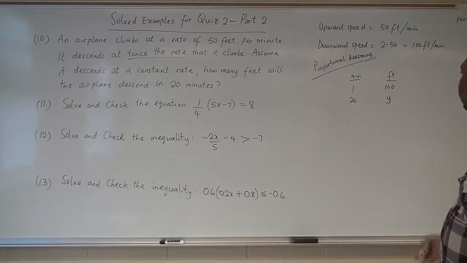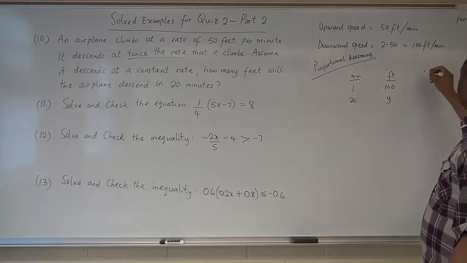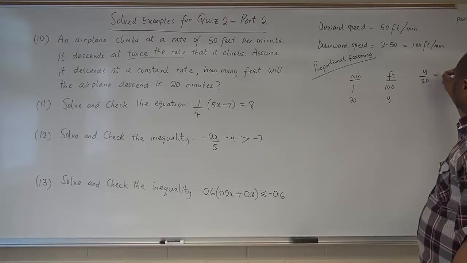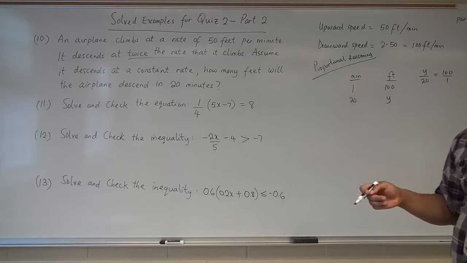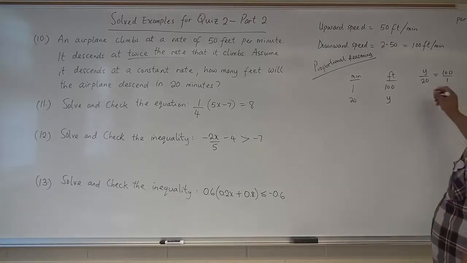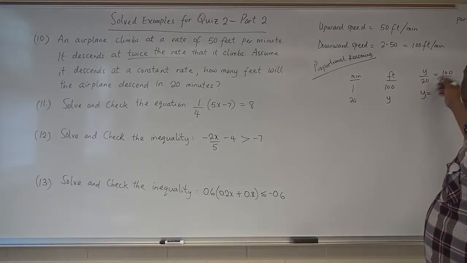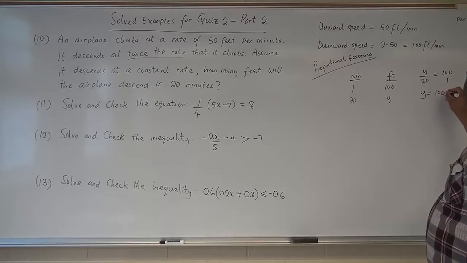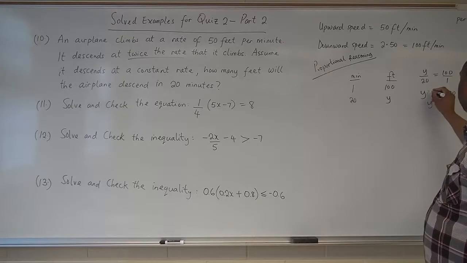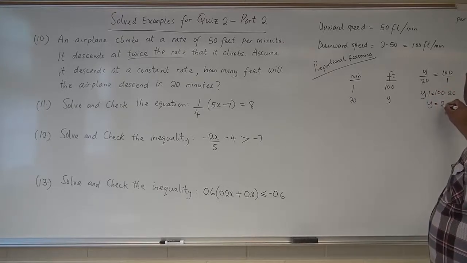So y over 20 is equal to 100 over 1. One of the proportions we established before. So y times 1 will be 20 times 100. So y will be 2,000.